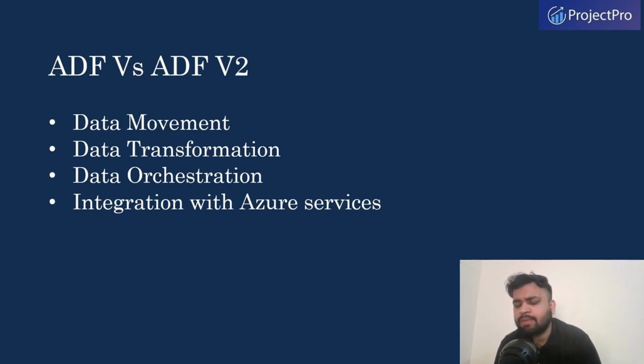ADF version 2 offers improved scalability, which allows us to handle large data volumes as well as process complex data workflows more efficiently as compared to Azure Data Factory version 1. It also leverages the Azure integration runtime, which enables us to distribute our data processing across multiple nodes in the cluster, which gives increased performance.